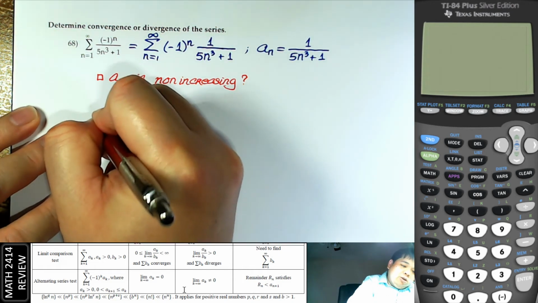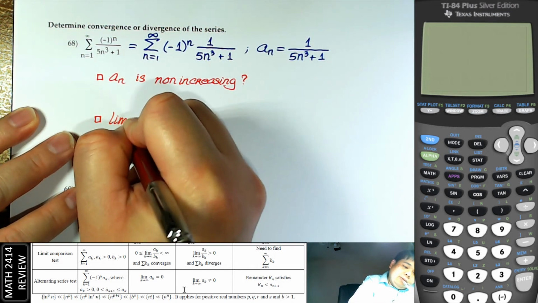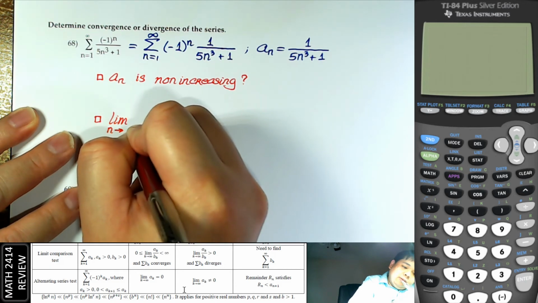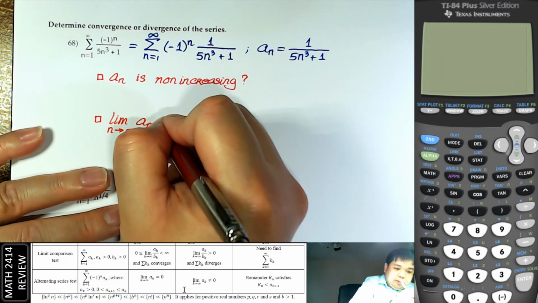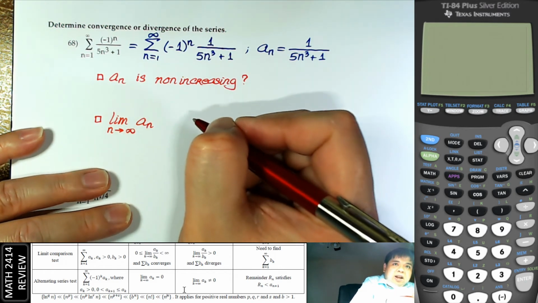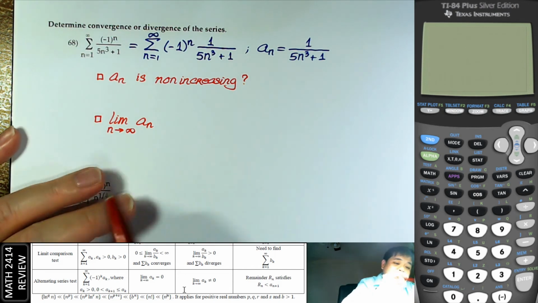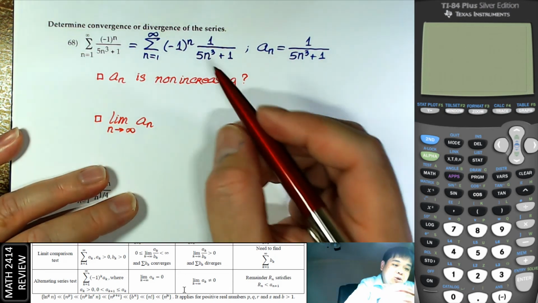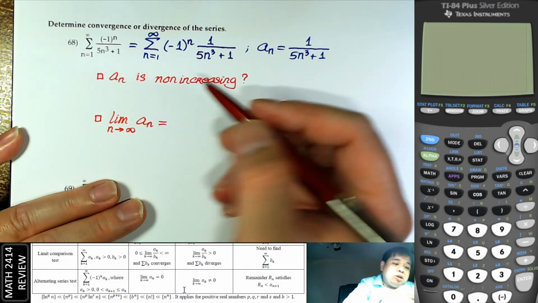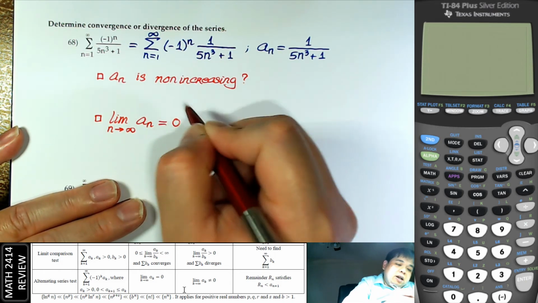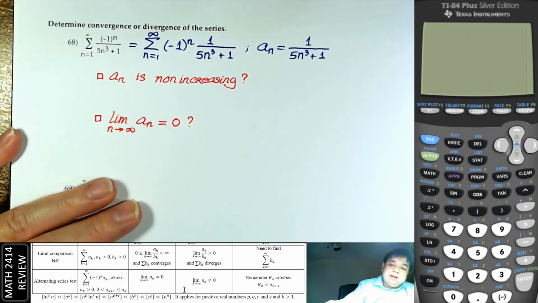So we're going to need to check two things. Because I put the different things in a table format, this is the best form I can put it in. But for the alternating series test, we have these two things: it is non-increasing and it goes to 0. So we're going to check that.